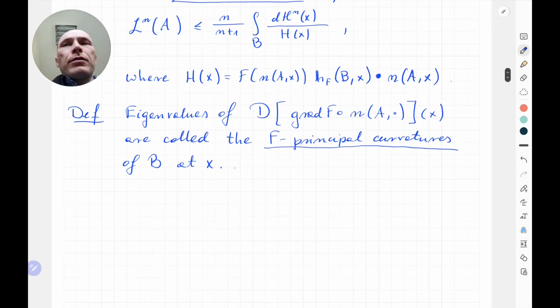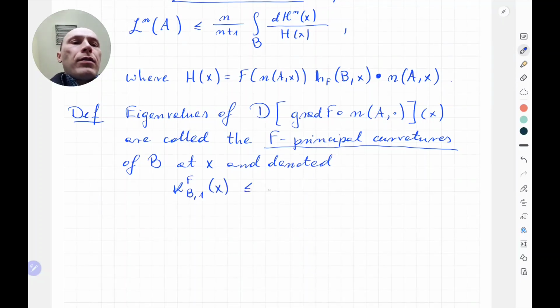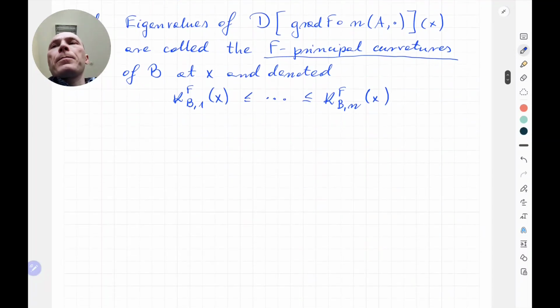We usually denote them kappa, and we order all these principal curvatures in non-decreasing order. So the nth one is the biggest one, and the first one is the smallest one, maybe negative.